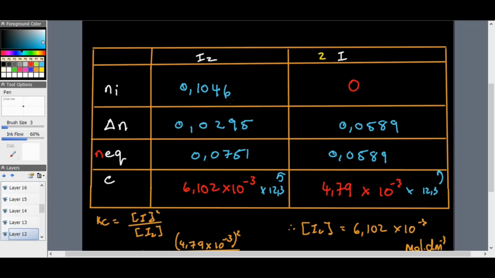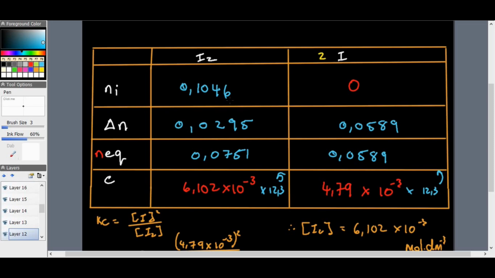Okay, so initially I think that 0.61 or 6.102, just let me get that on my calculator because I think I still have that. You would have had 0.7505 and so on.